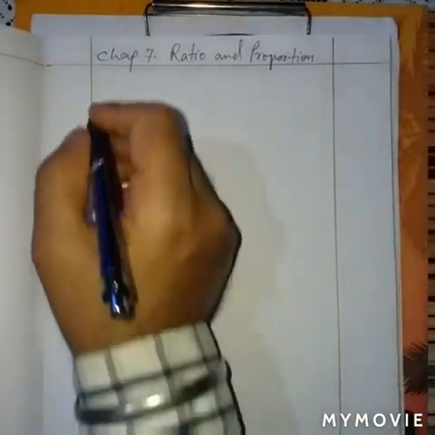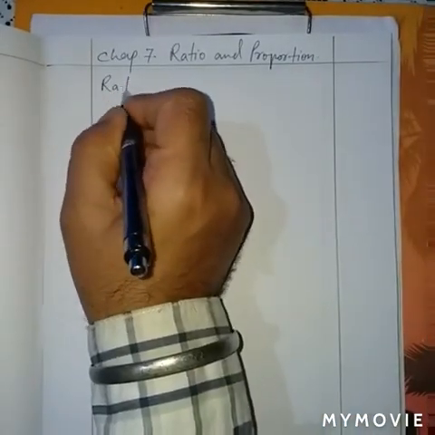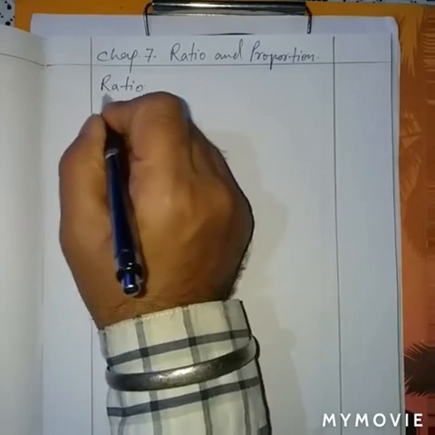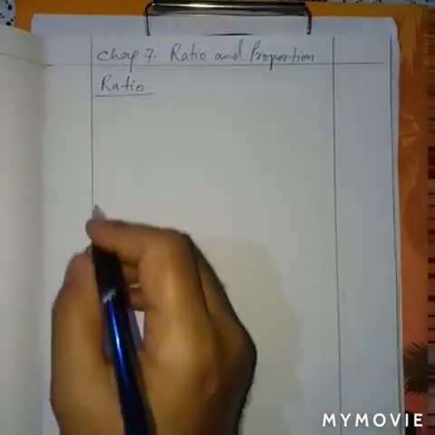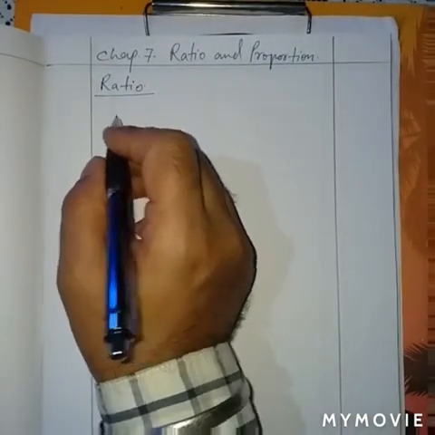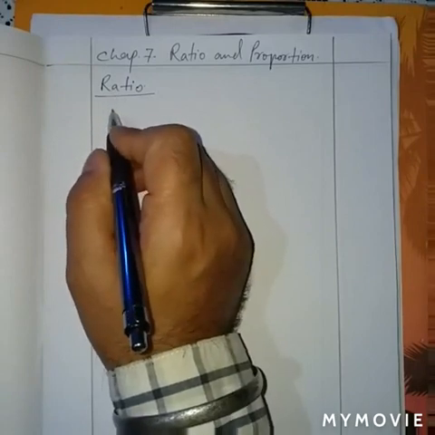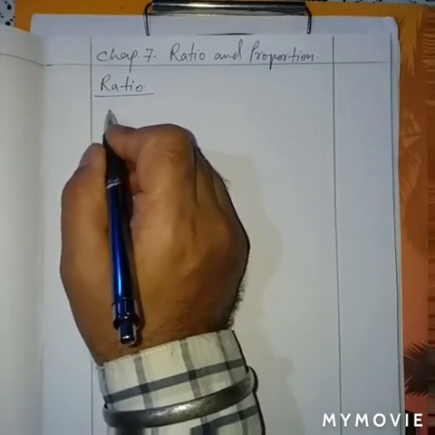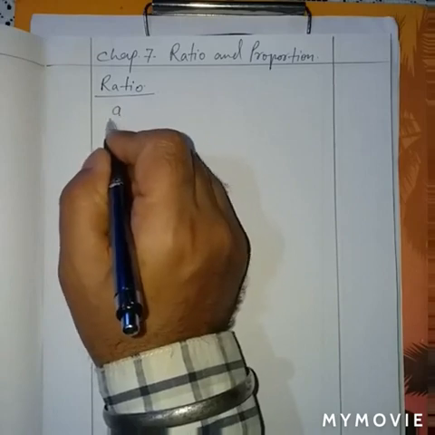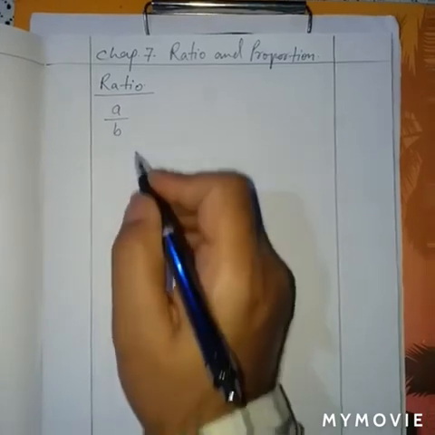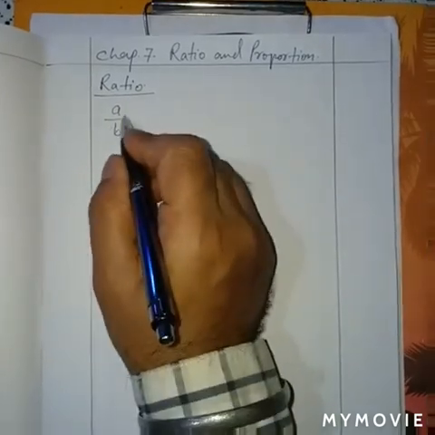Now, first of all, let us discuss ratio. Ratio is a kind of fraction, okay? Suppose we write a by b as a fraction. Then this is a fraction.